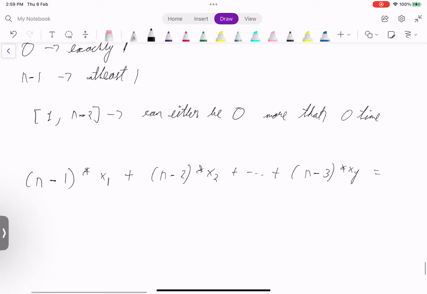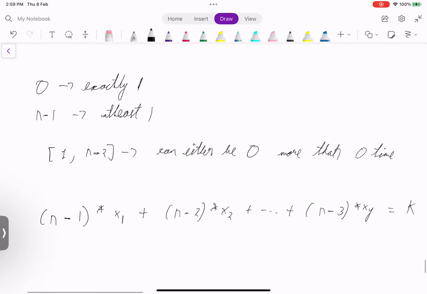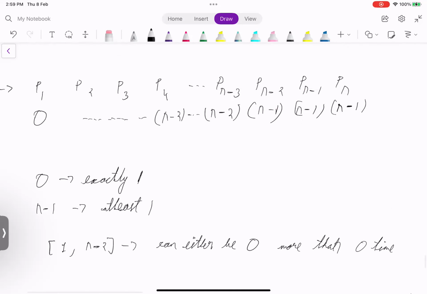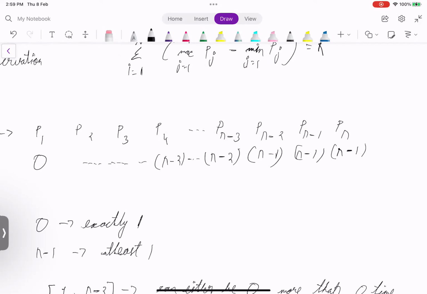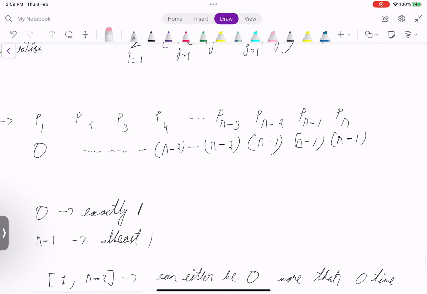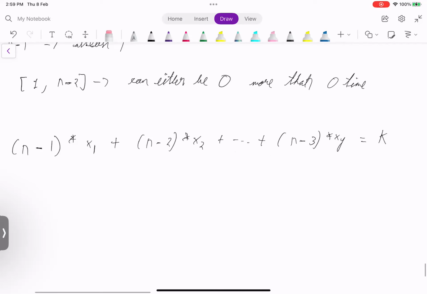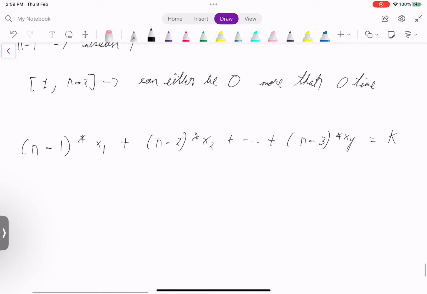This value should be equal to k, right? Because we just observed how the equation looks like at each point, and what will be the value from reverse at each point. So if we just formulate that, we'll get this value.